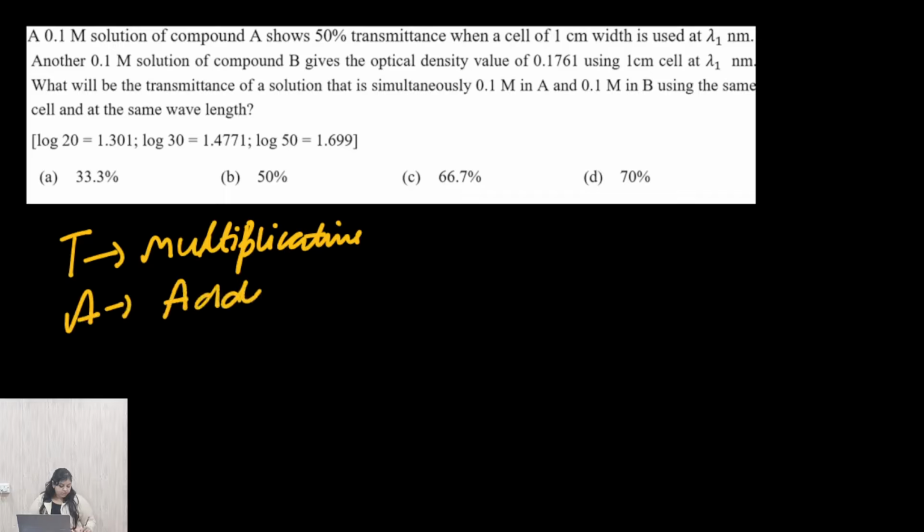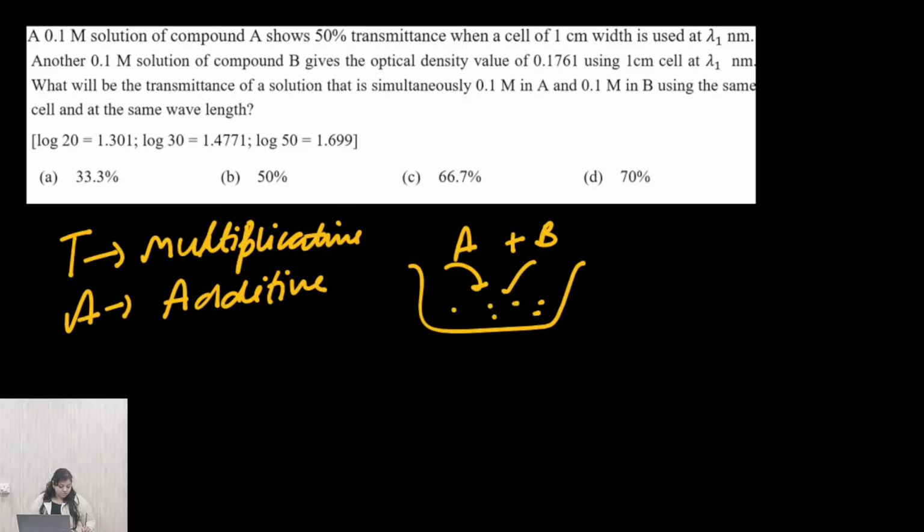So we know that transmittance is multiplicative in nature, and the absorbance is additive in nature. So what they have done is, with the A solution and the B solution, they are preparing a new solution, which is C. For this one we have to find the transmittance.